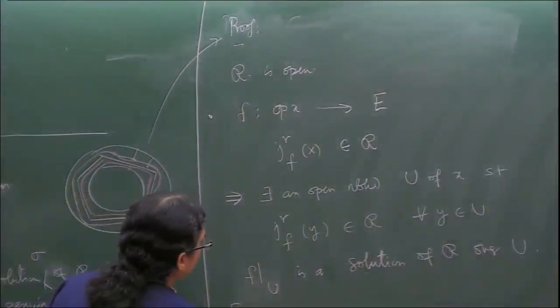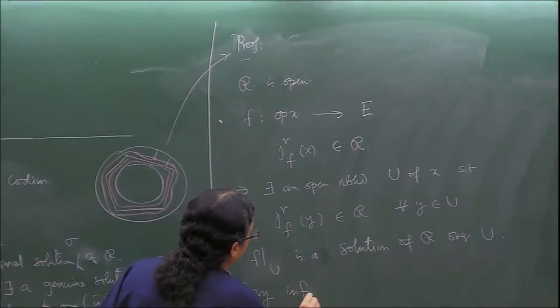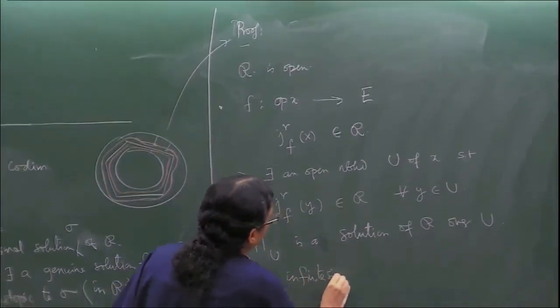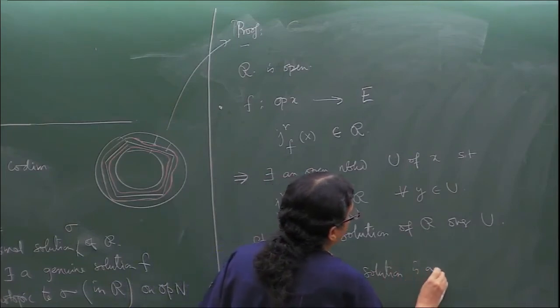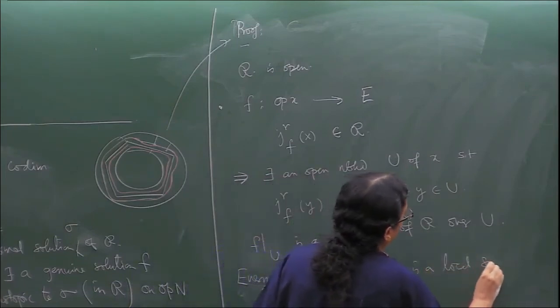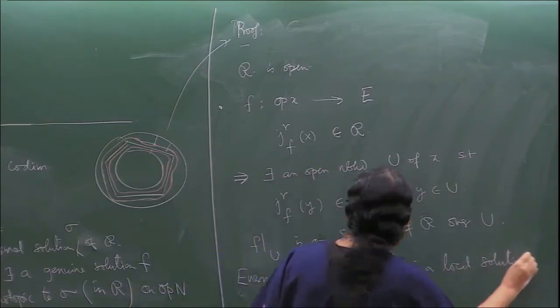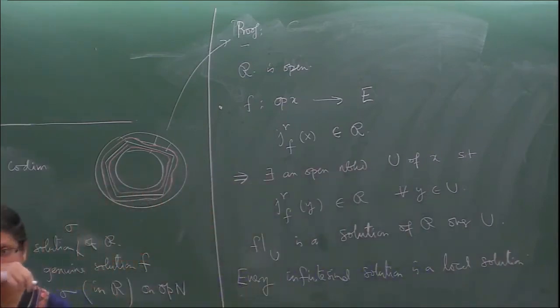So every infinitesimal solution is a local solution. This is the first property that I will use. If I had asked for a local solution of R, and I have a section which at one point is in R, that is automatically done.